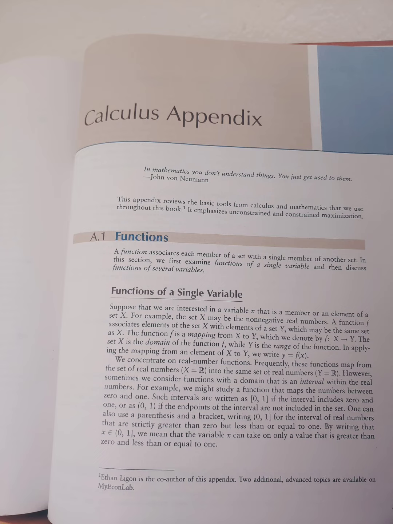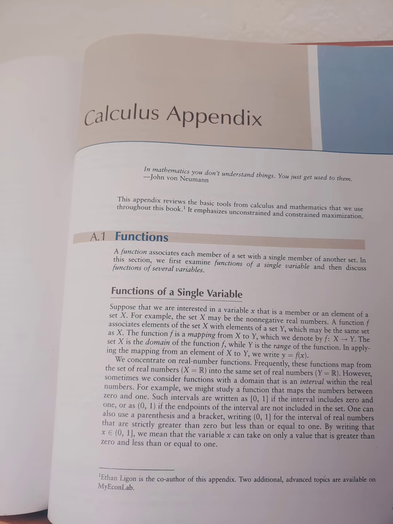We can always express an explicit function f in implicit form by defining g of x and y equals y minus f of x. However, it is not possible to express every implicit function explicitly.